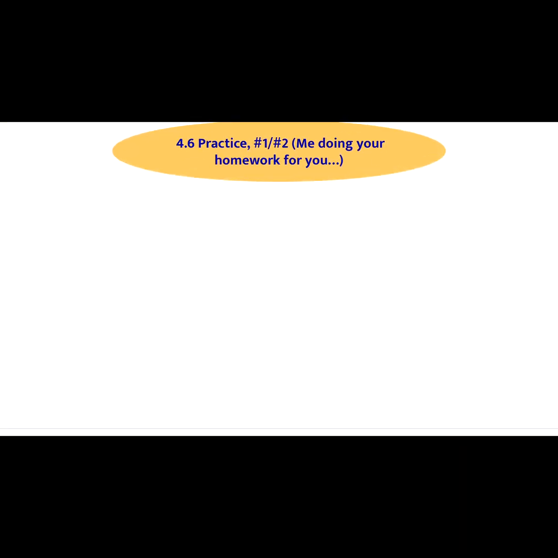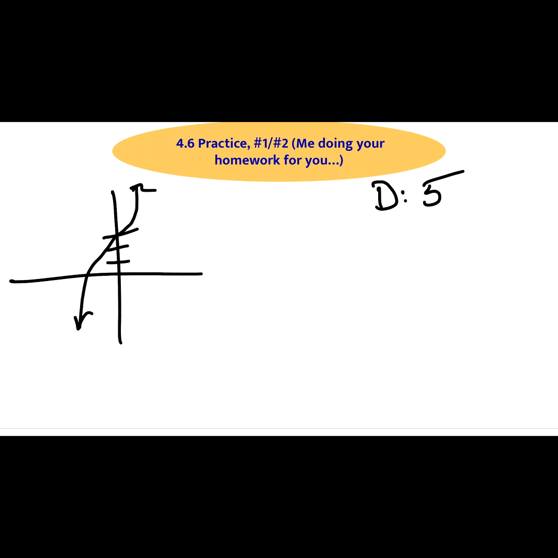So when we look at number 1, it gives us a graph. It looks something like this. Now, it says that it has a degree of 5. So that means there are how many solutions then? There are 5 solutions. Now, remember, our solution is just saying where we cross the x-axis. Looking at this graph, how many times does it cross the x-axis? Just once.